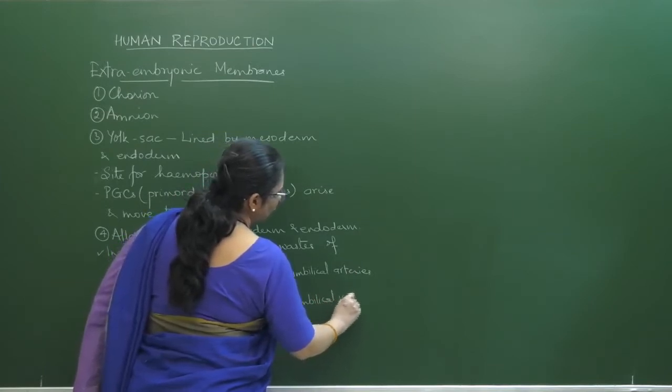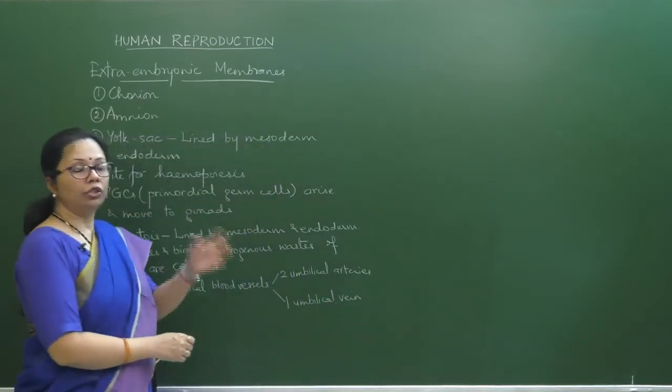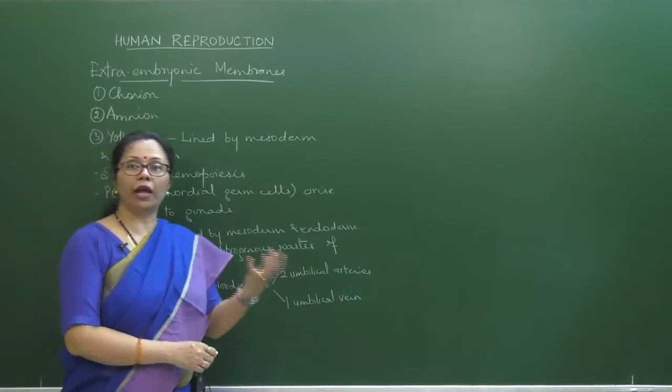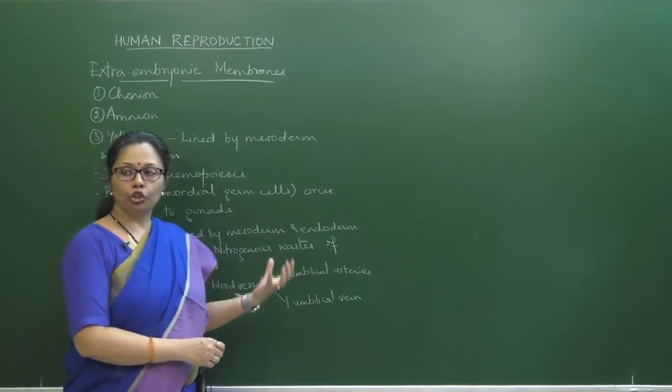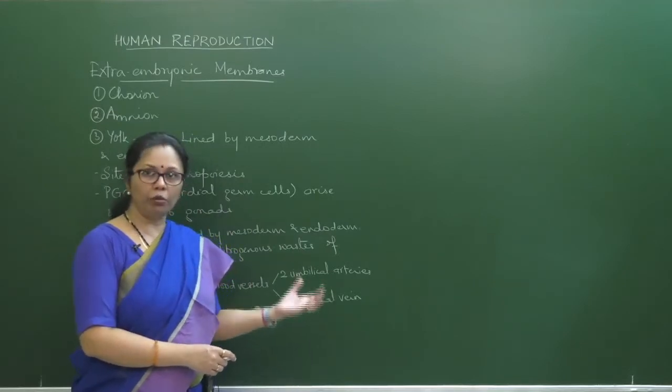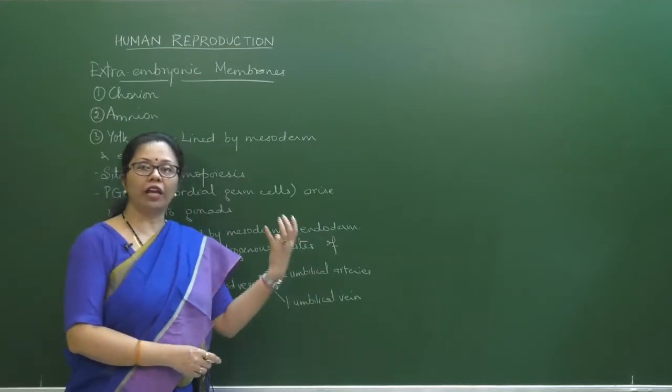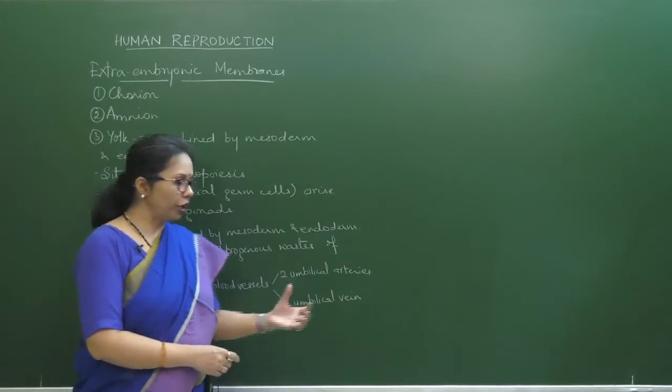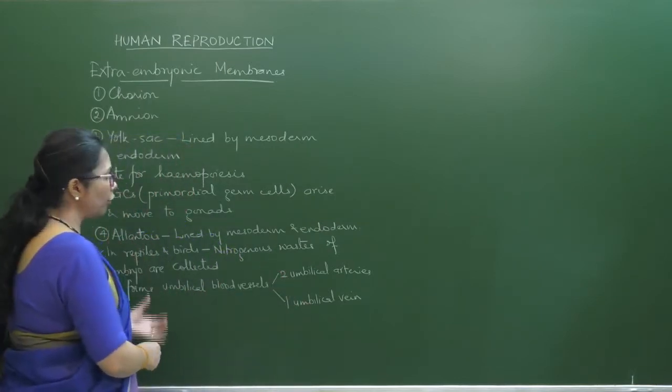And in this you can once again remember that, because the placenta is going to function as the fetal lung, the umbilical arteries carry deoxygenated blood, while the umbilical vein carries oxygenated blood. Okay, so this is about the allantois.